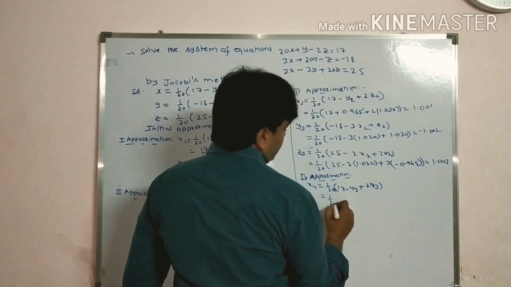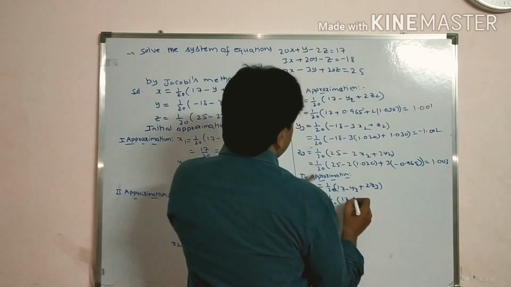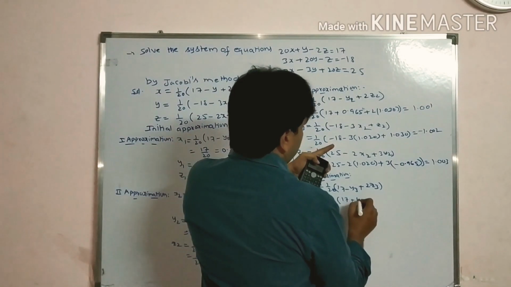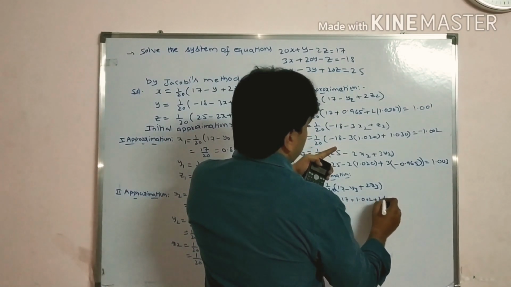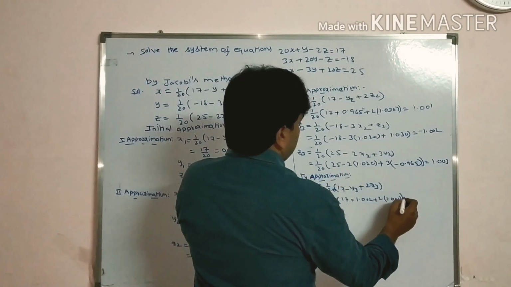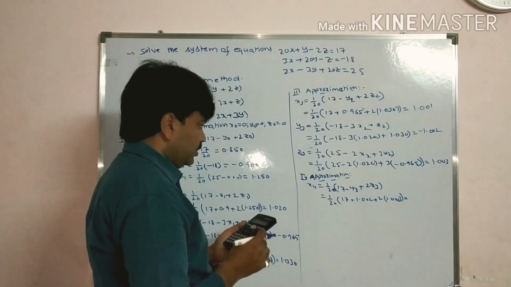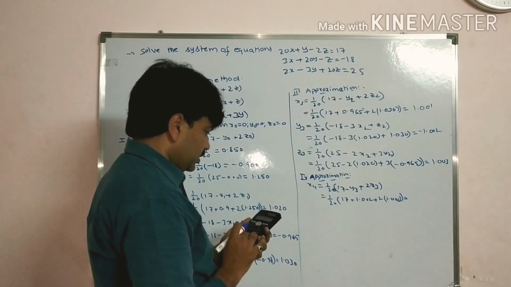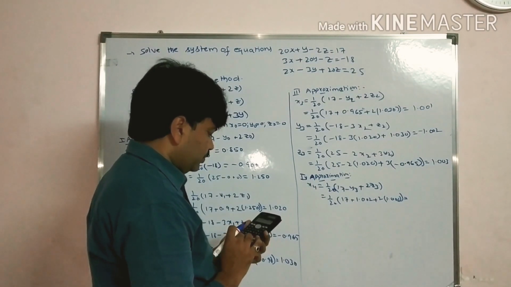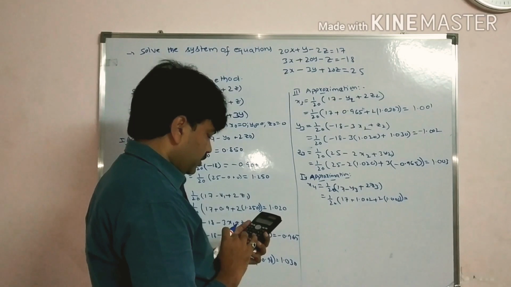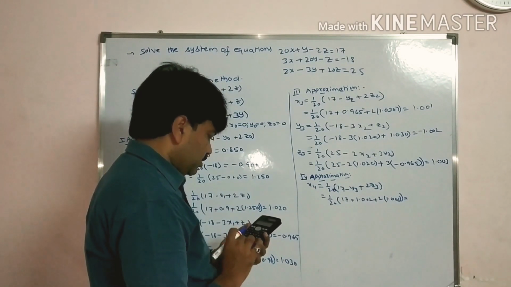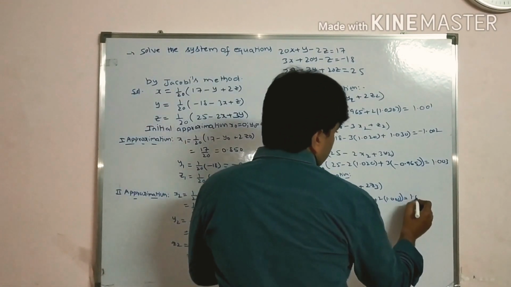That is equal to 1 by 20, 17 minus the y3 value, students, minus 1.002 (minus and minus plus), plus 2 into the z3 value, 1.003, bracket close. So that is equal to bracket 17 plus 1.002 plus 2 into 1.003, bracket close, by 20. So we get here, students, 1.000.